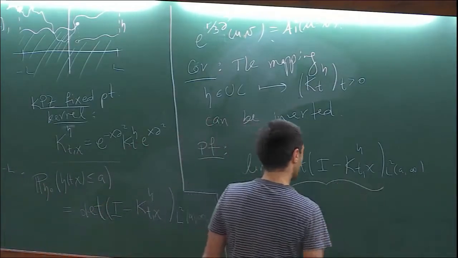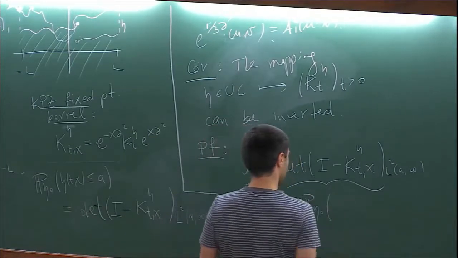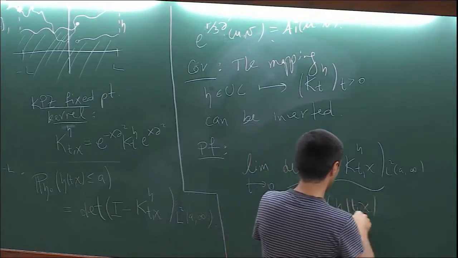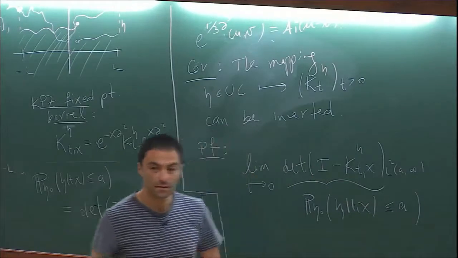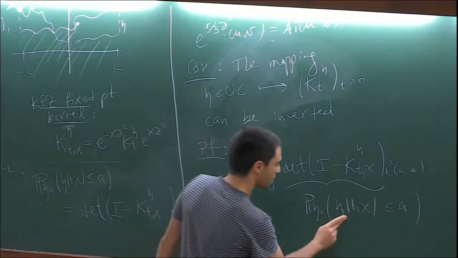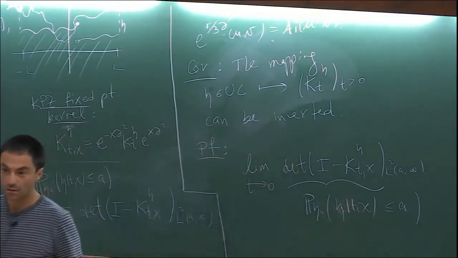Well, but this is just the probability starting from h0 that my fixed point process at time t, position x, is going to be less than a. Okay, but as t goes to 0, h of t becomes simply h of 0.